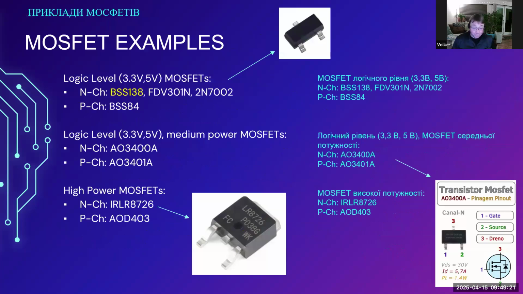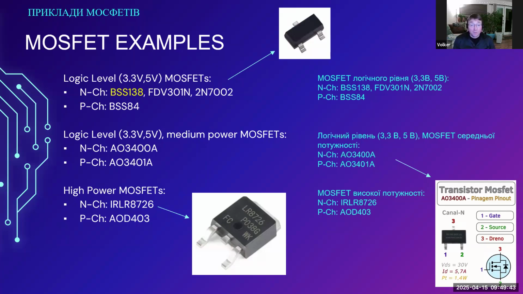Okay, next slide, please. MOSFET examples. Here I was trying to replicate what I did for the bipolar junction transistors. Basically, if you only have one space available in your prototyping box for a small signal MOSFET, I would suggest get the BSS 138.